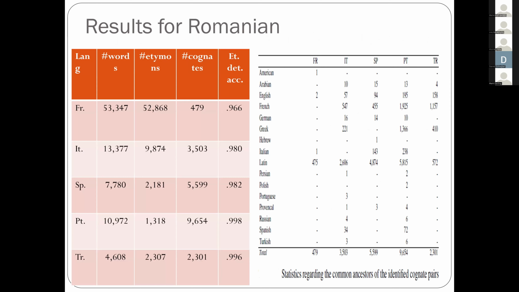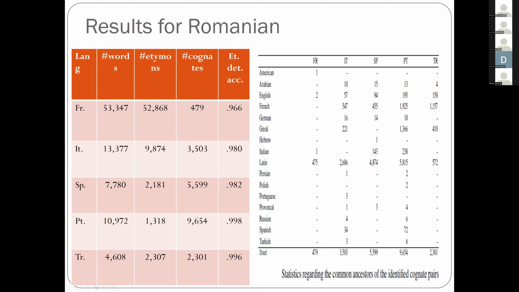We see here the results which we obtained. Between Romanian and French, Italian, Spanish, Portuguese, and Turkish, here is the total number of words. We obtained, for example, more than 3,000 cognate pairs with Italian, more than 5,000 with Spanish, almost 10,000 with Portuguese, more than 2,000 with Turkish.